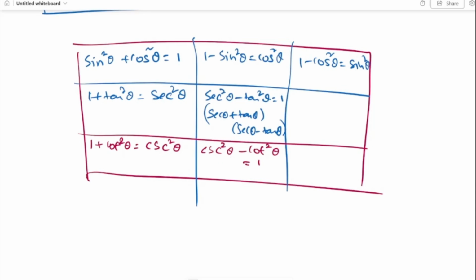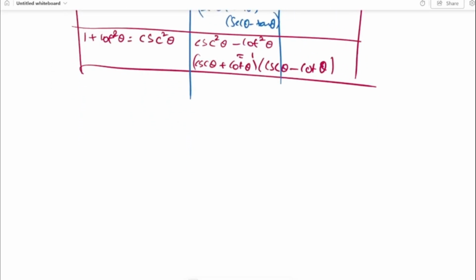Obviously, a plus b times a minus b. You can express that: cosecant theta plus cot theta times cosecant theta minus cot theta. Got it? Okay. I'm going to solve a couple of problems using all these basic formulas.